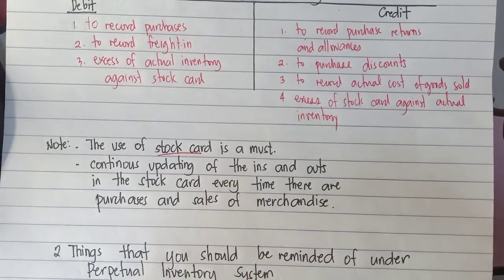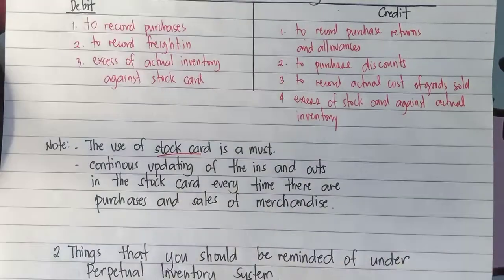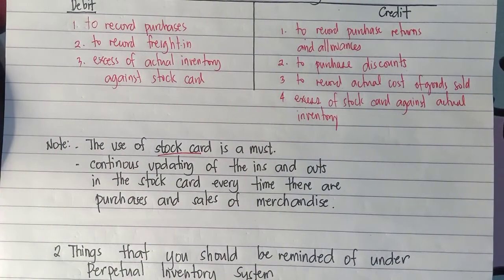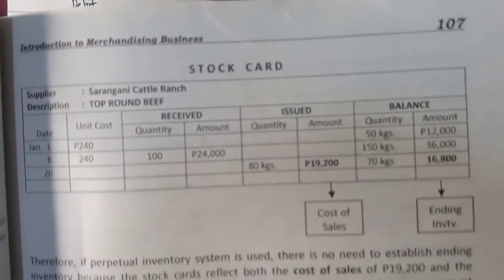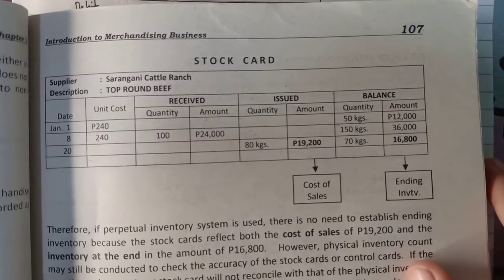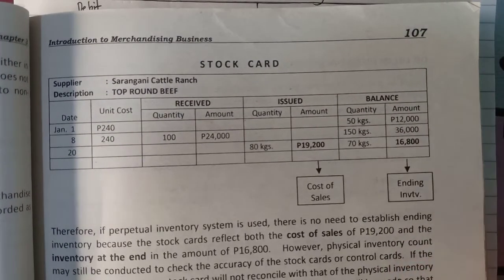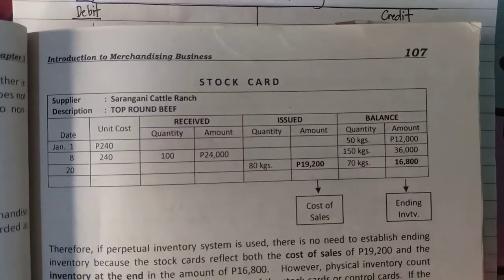So, tingnan natin ang example ng stock card. This is from Rafael Lopez Jr.'s book about basic accounting. Here is an example of a stock card for the perpetual inventory system.